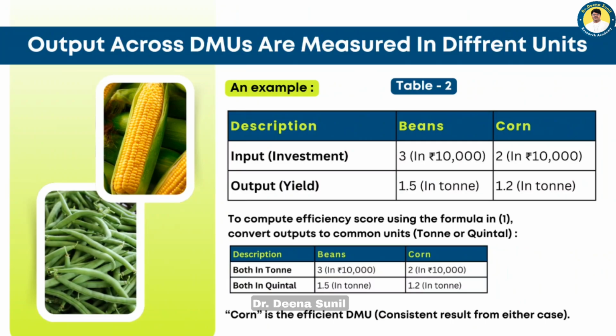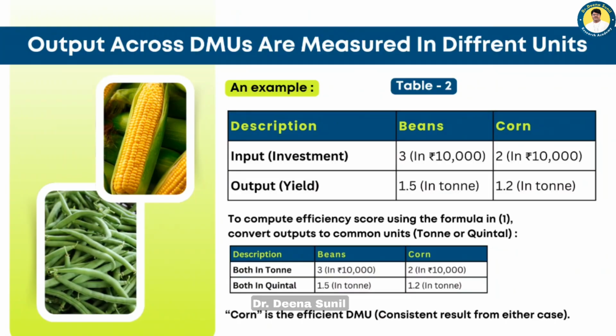You can see here a simple explanation, because if it is in ton, the bean value is 0.5 and corn value is 0.6, and if you convert both in quintal, the value is not the same.